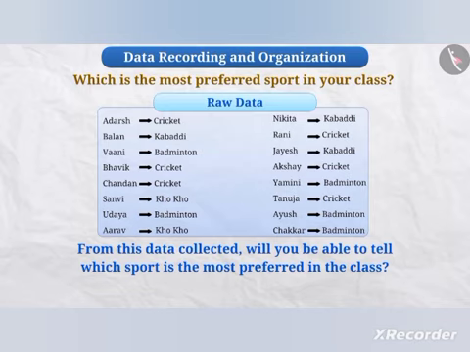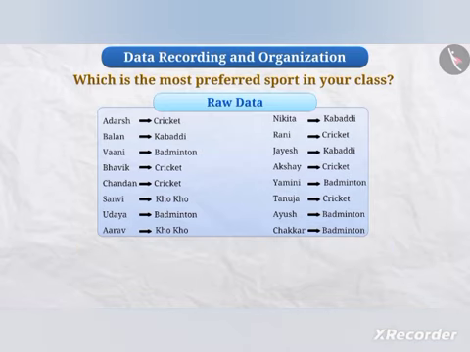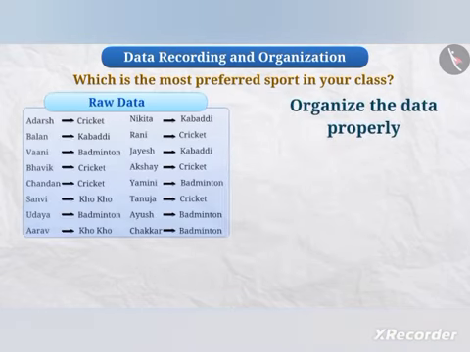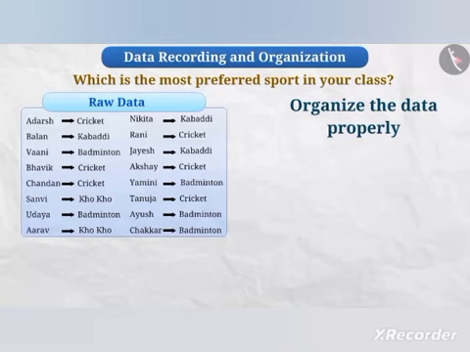This is difficult to detect. Similarly, if the number of students in the list increases, then it becomes even more difficult. In such a situation, we need to organize the data properly so that we can understand and use the data obtained more effectively.